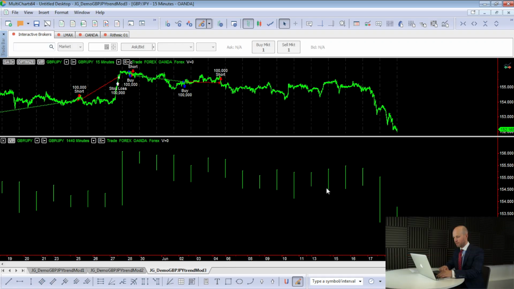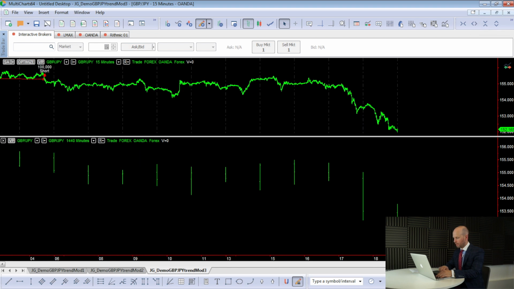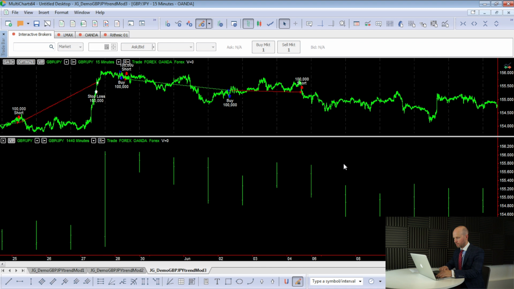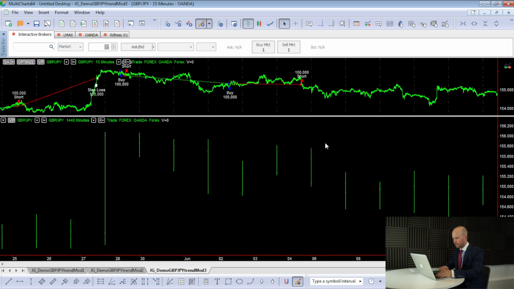So looking at this workspace, it's possibly a little bit confusing, but on the top pane here we've got our trades like we saw before, and on the bottom pane we've got our daily bars. Now, just as an example, I'll show you the trade filter. So this day here, this session here, we've gone short.